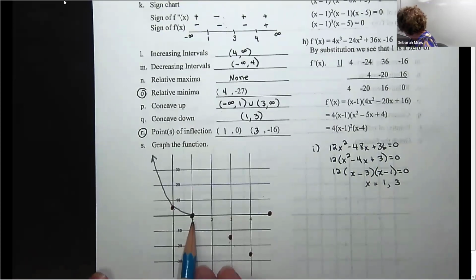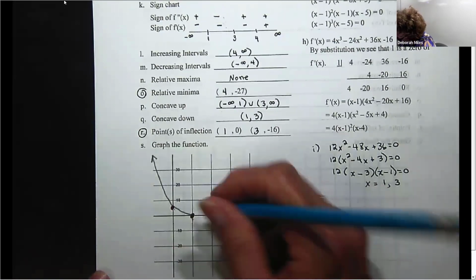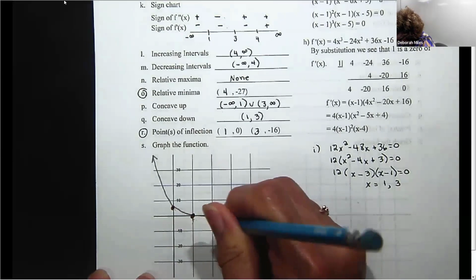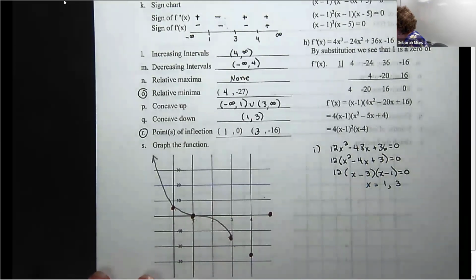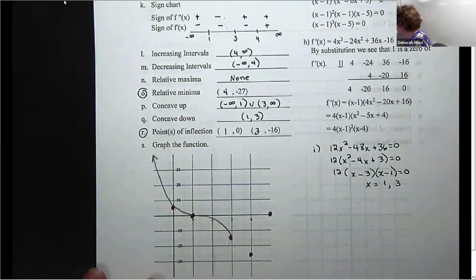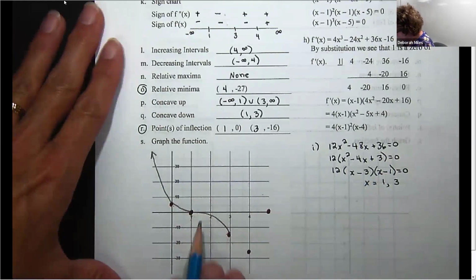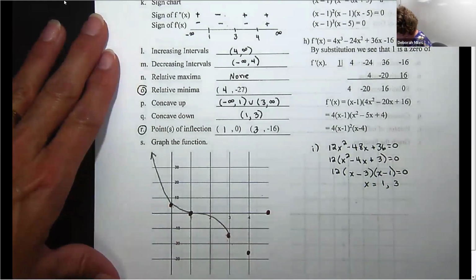And 1, 0 is a point of inflection. Do you understand why that's concave down? I might have trouble explaining if you didn't understand, but I don't want to leave anybody behind if anybody's thinking, why is that what concave down looks like?